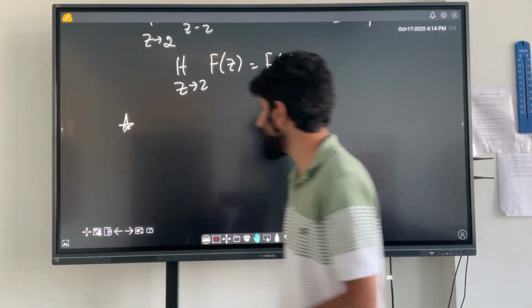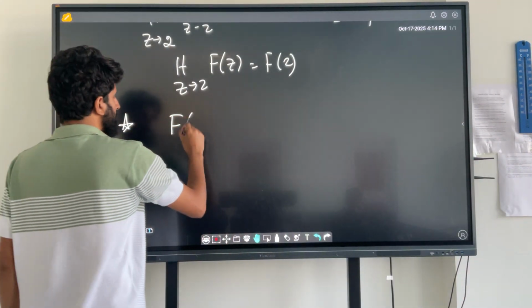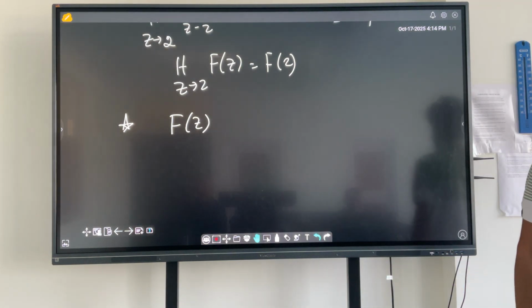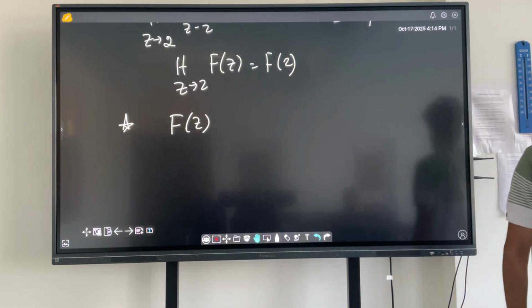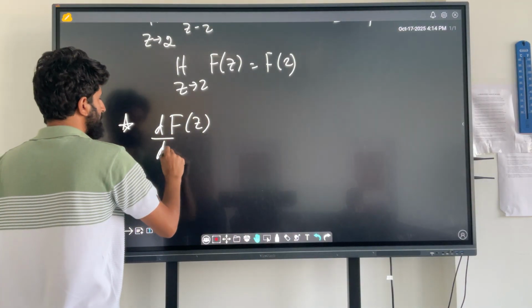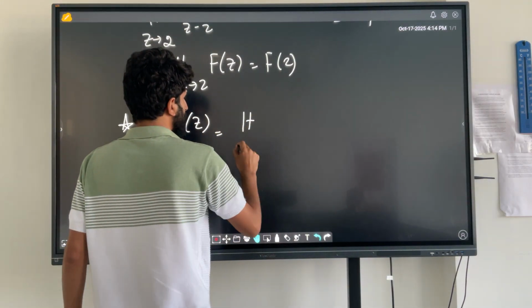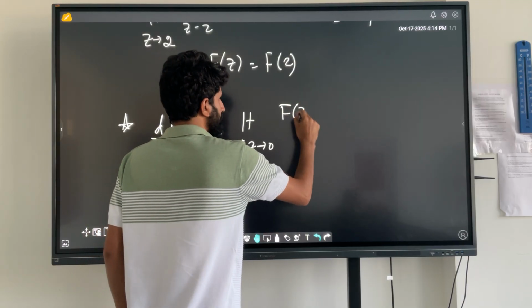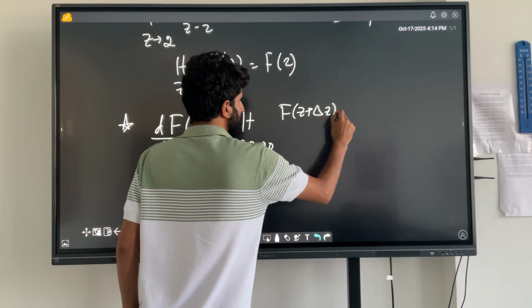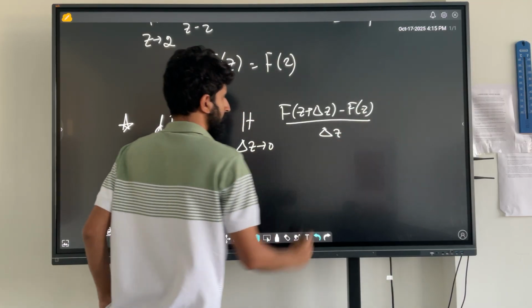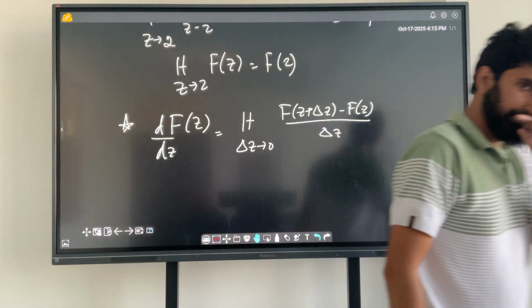A complex function f of z is said to be differentiable if this limit exists: limit delta z equals to 0 of f of z plus delta z minus f of z, divided by delta z.